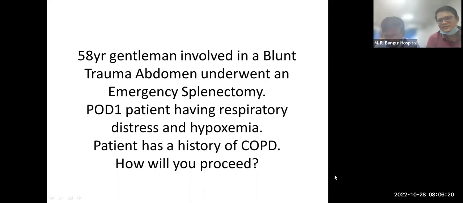So how are you going to proceed? You have given oxygen. Now what are your steps for assessing the patient to diagnose the problem?